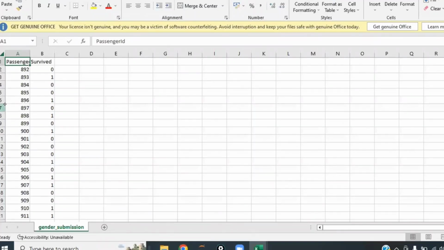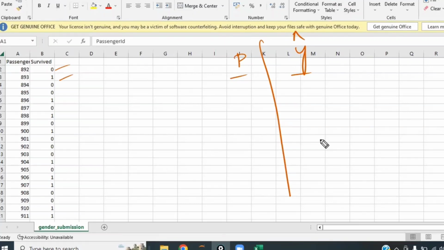Sample answers will be like this. For each person, after predicting, I want only the passenger ID and the predicted values. These are the 2 columns you have to select, create a data frame using only these 2, convert it to a CSV file, and upload that CSV file in Kaggle.